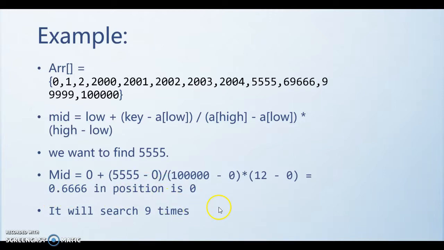So the position we have is 0. So the mid is 0, so we search this array from index 0.